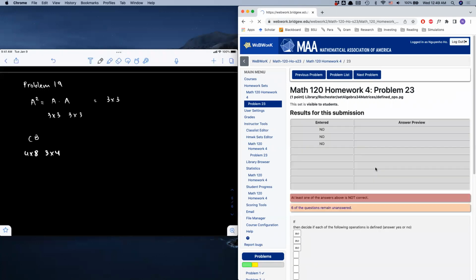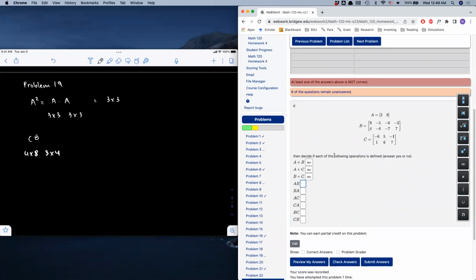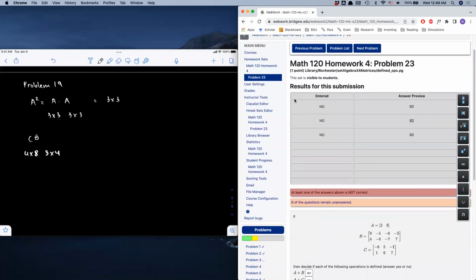So let's see. Right, so we have to enter all of the values for it to work. But that's the idea, right? So I'm going to leave this to you as well.